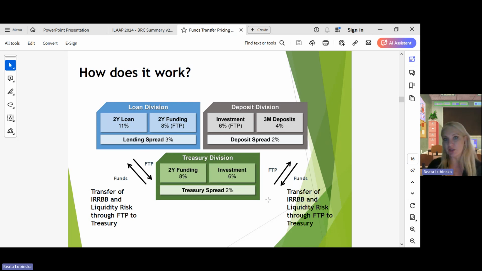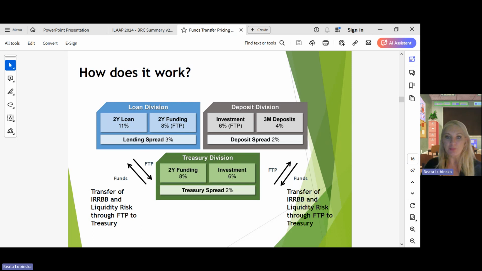Here, of course, we are talking only about the liquidity risk, which is driven by the different tenors on the asset and liability side, and interest rate risk, because of course we are running interest rate risk. The asset is a 2-year asset, which is funded by a 3-month liability position. So there is maturity transformation, and maturity transformation is because we are lending long and borrowing short. This is how we call it at the ALM center.